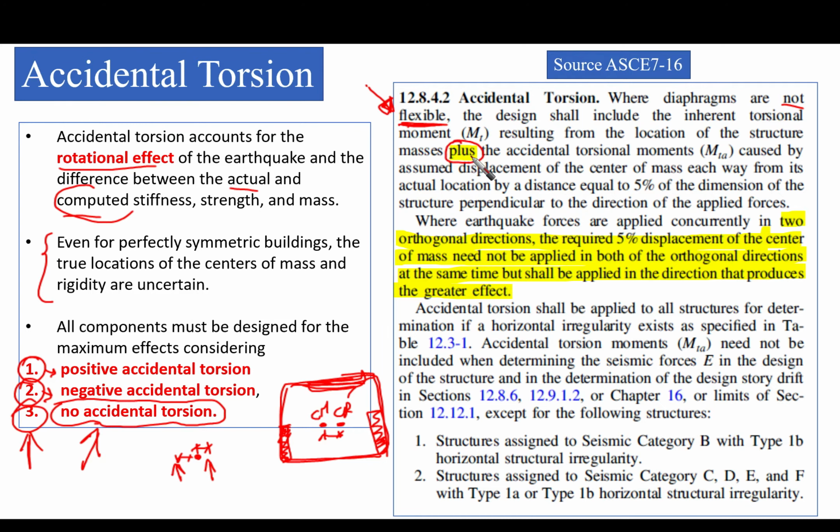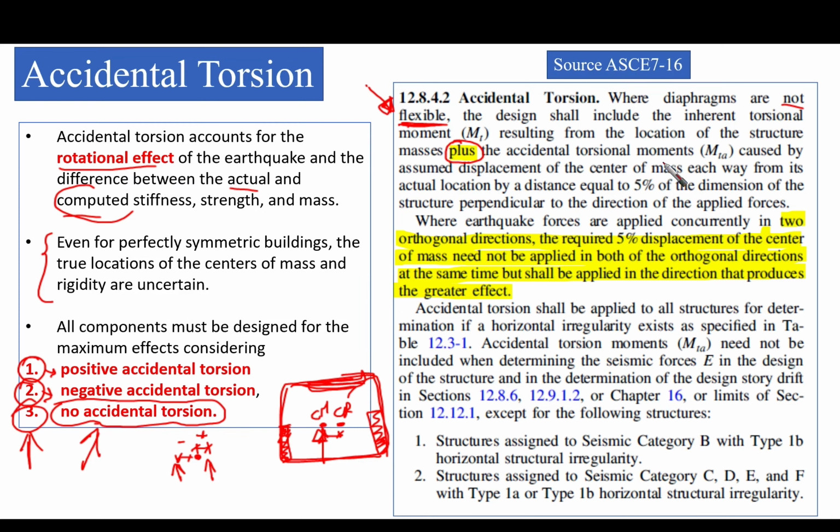Plus means positive or negative, in two directions. If this is the center of mass, we are going to put additional eccentricity, or accidental torsion, to the right and to the left of the center of mass.